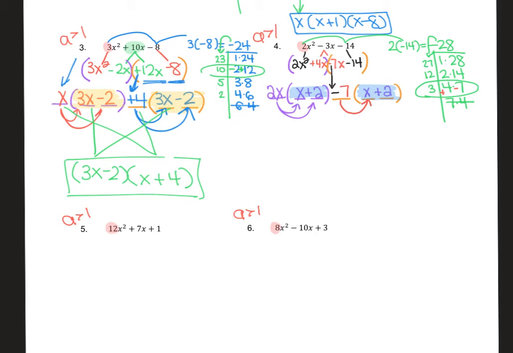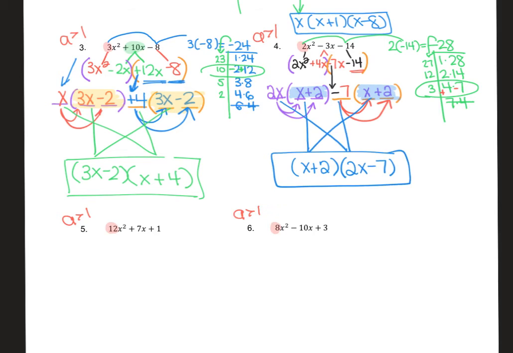Negative 7 times x will get me negative 7x. Hopefully, negative 7 times 2 will get me negative 14. And does it? Yes. So now the last thing to do is just to put them together. So I see this pair, x plus 2. I see this. I need to put them together, 2x minus 7. And I'm all done.